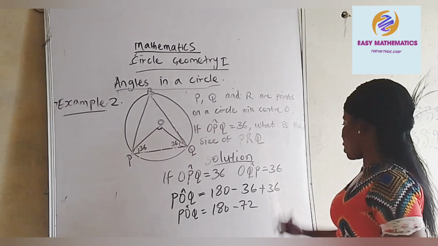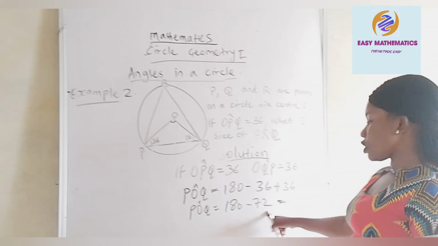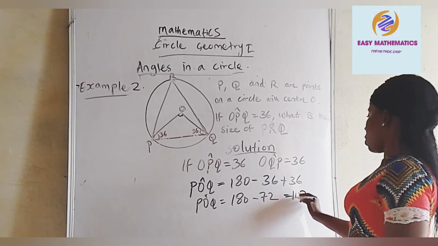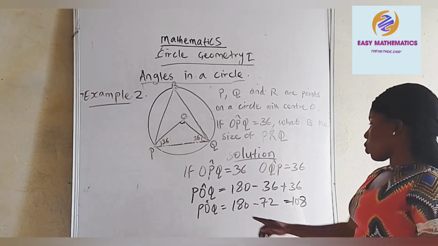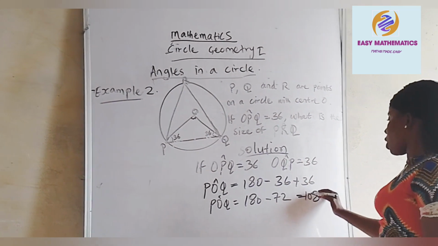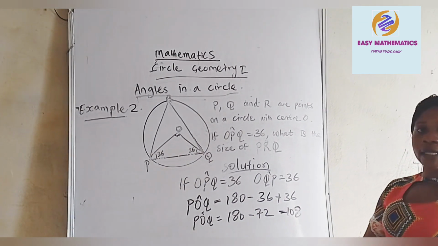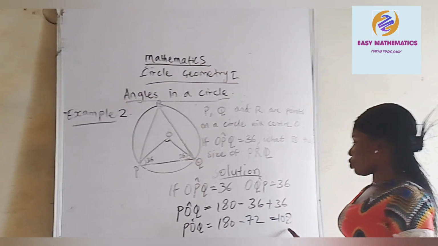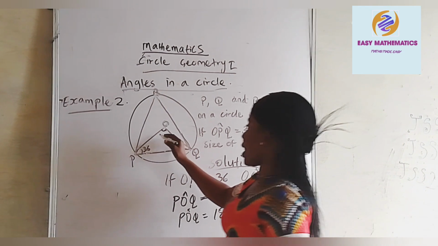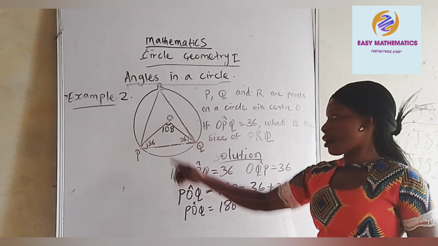So 180 minus 72 will give us 108. Now the angle here is 108.